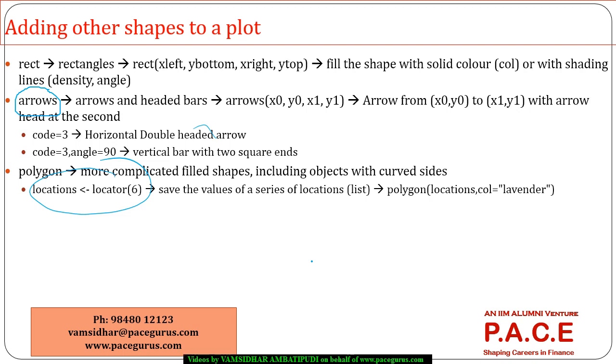That would generate a list of values, and based on that you can use your polygon function as well. That's how you can work on adding more and more different objects, different shapes to the existing plot itself to make the plot look more and more interesting.